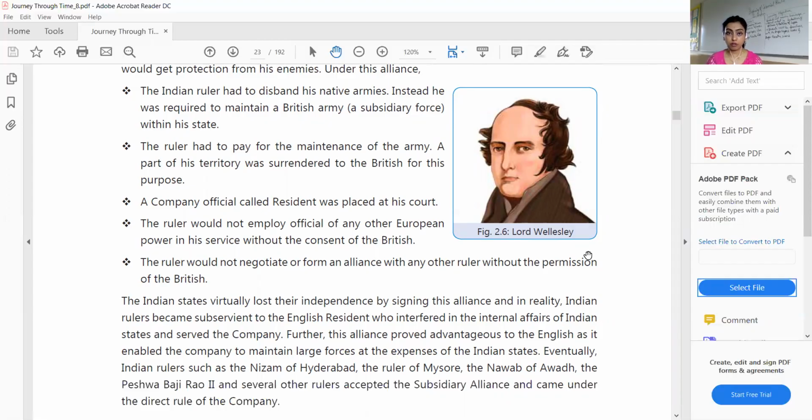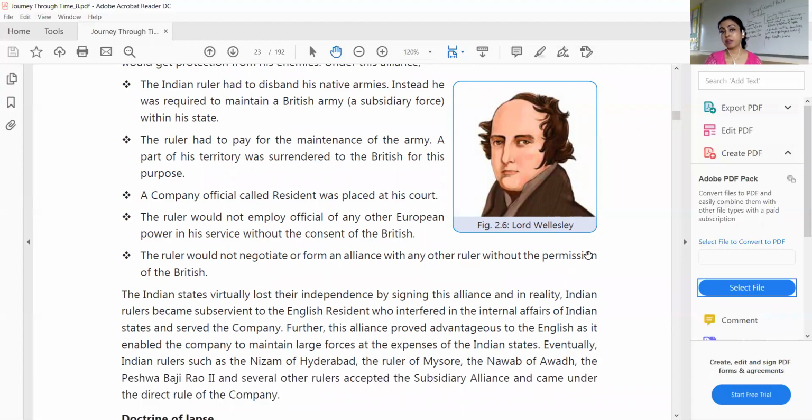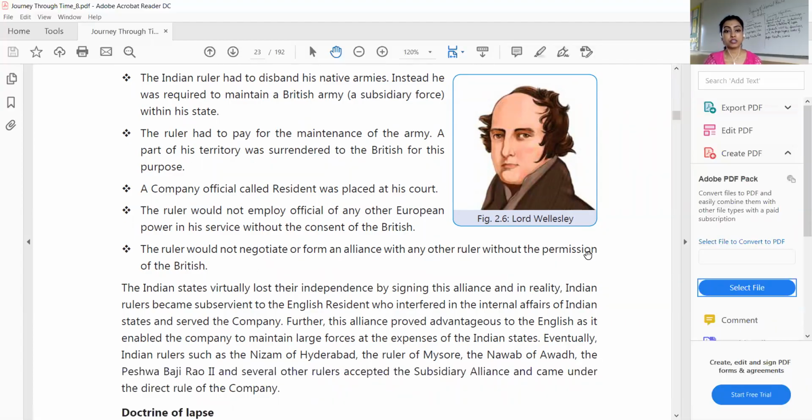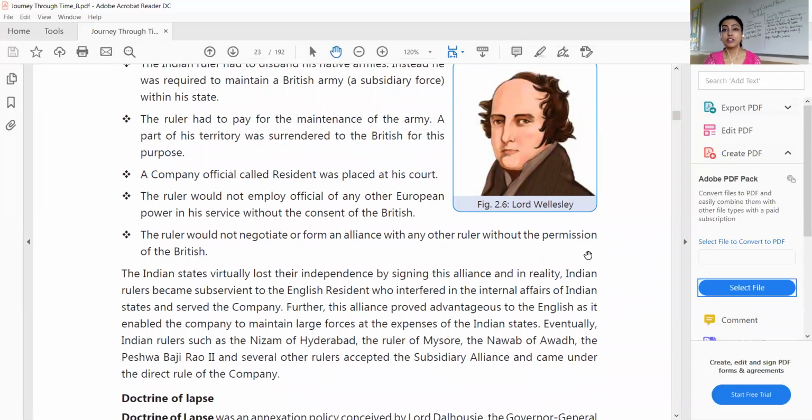All these rulers started to lose their freedom, and these places came under the direct control of the English East India Company.